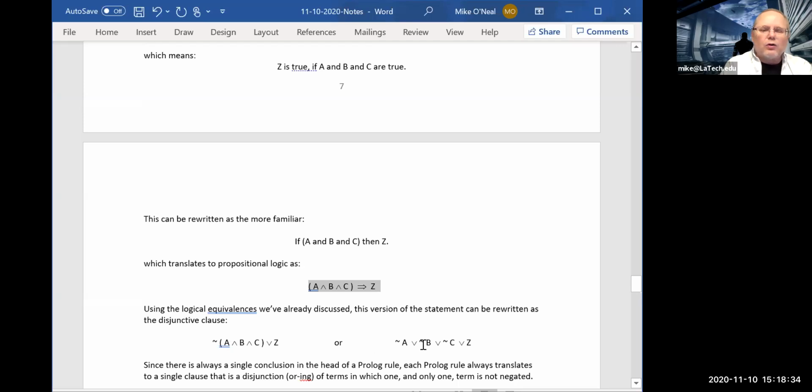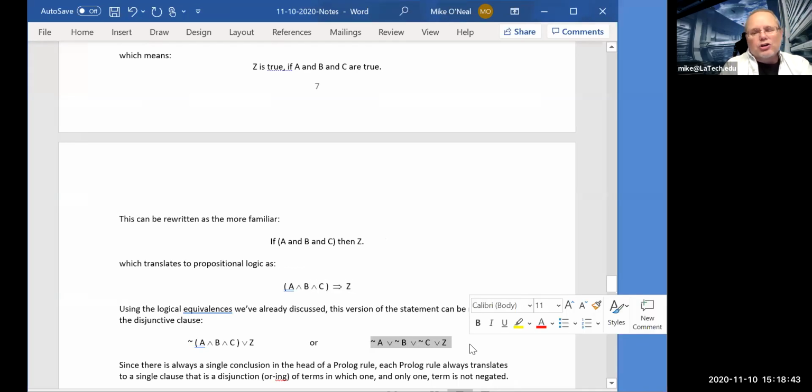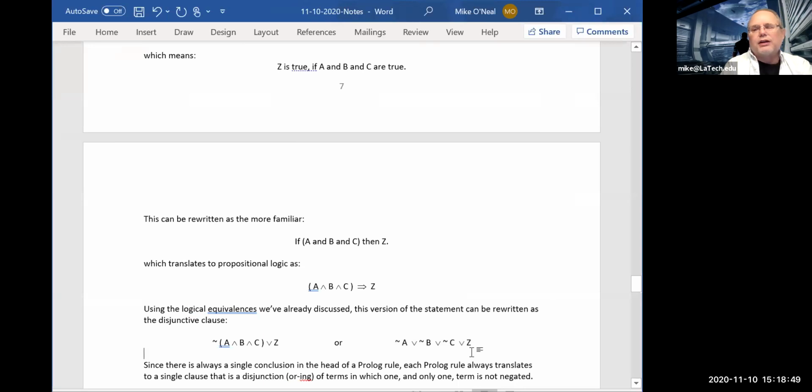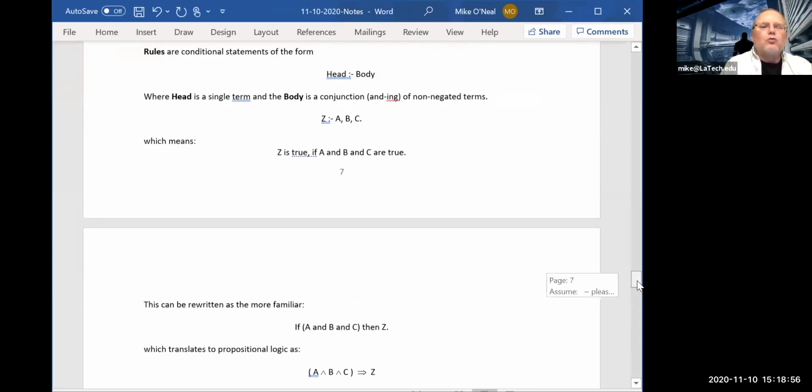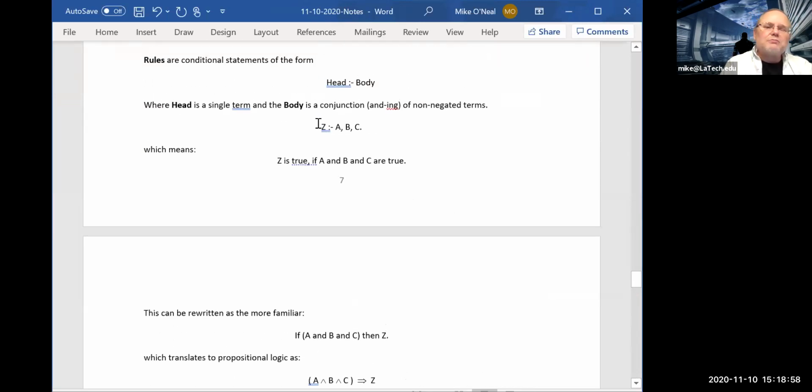So not A or not B or not C or Z. That really is a Horn clause. It's a disjunction of terms where there is at most one non-negated term. Does that make sense?